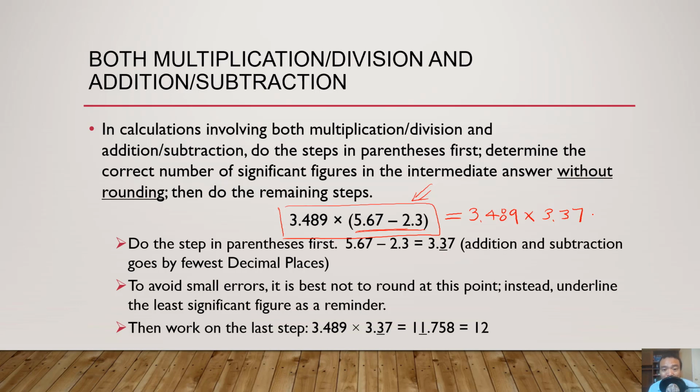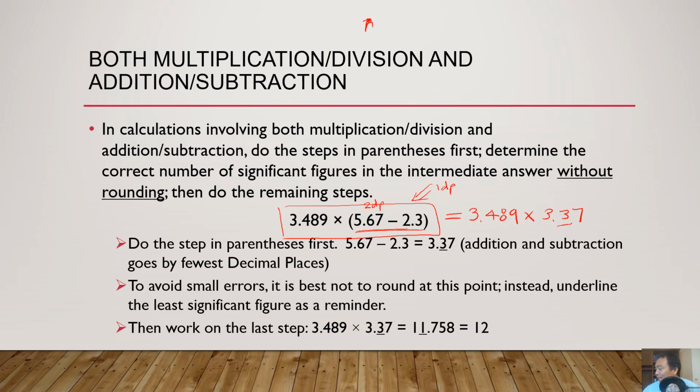And for this step, you keep the fewest number of decimal places, which is 1 decimal place, because 5.67 is 2 decimal places over here, and the 2.3 is 1 decimal place. So that's why you keep 1 decimal place. But why do we write 3.37? Because you don't want to round it off in the intermediate steps.